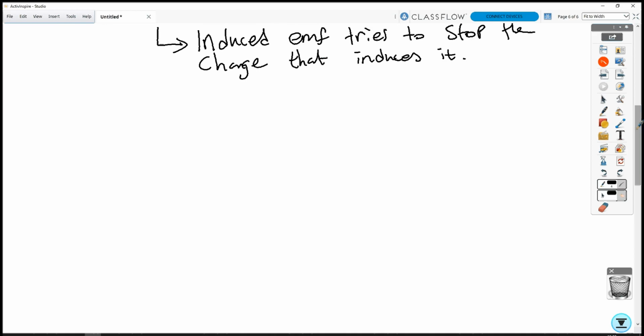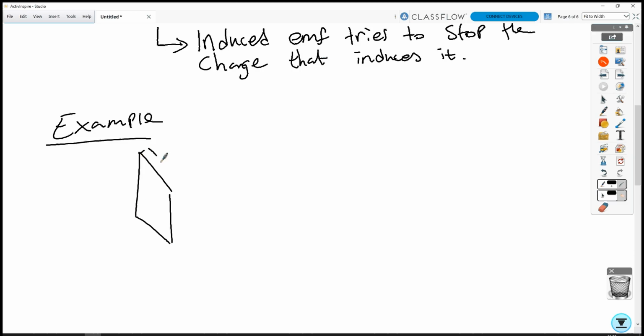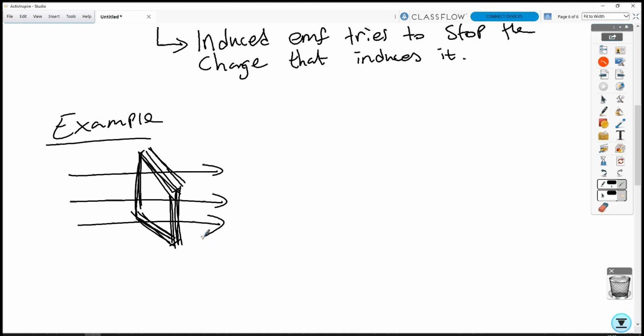We'll do an example quickly. So I'll draw some coil of wire, like so, and I'll draw a magnetic field where the flux density is 4.0 times 10 to the minus 3 Tesla.